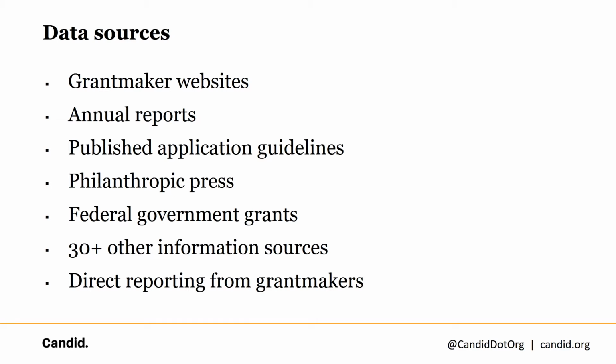It goes through their websites and gets published guidelines, gets it from philanthropic newspapers and magazines, all sorts of information, 30 plus pieces of information. So this is a really, really powerful database. A lot of grant makers even electronically submit. See that insignia on their pages when you're looking at them. So you'll know that you're getting really, really current information for when you're doing your grant research.